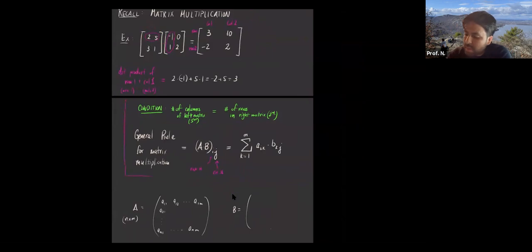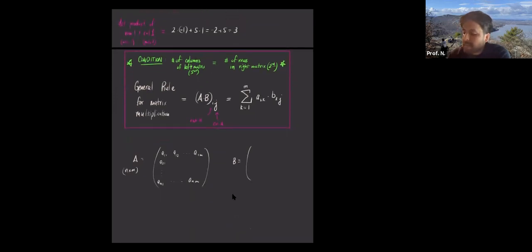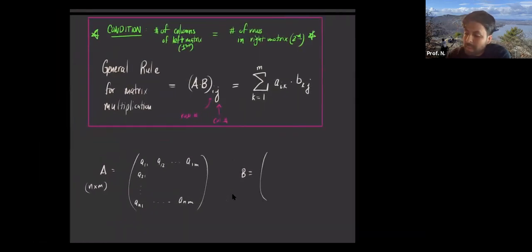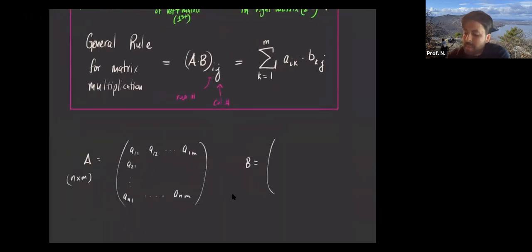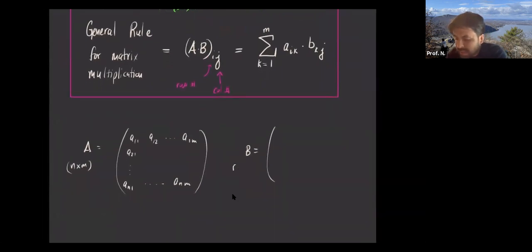So this is very important. Hopefully this will make more sense, because if I have a B matrix that I'm multiplying, the number of rows in my second matrix has to equal the number of columns in my first matrix. So this would be an m by p matrix, for example.